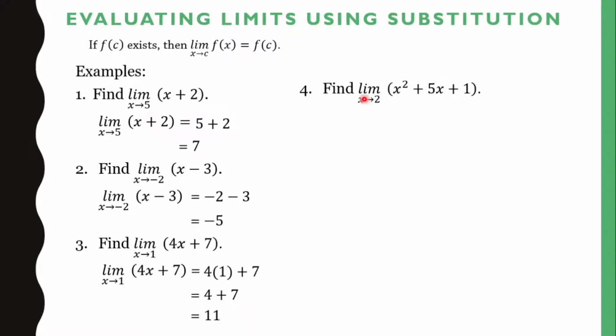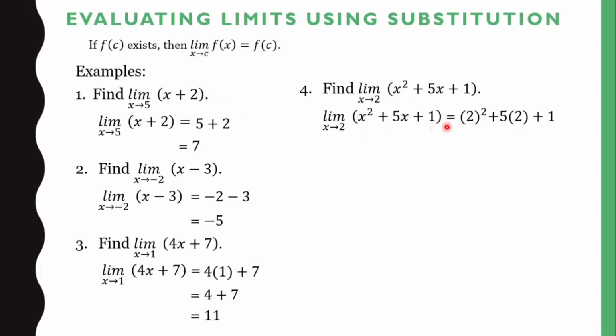Next, we will find the limit of x squared plus 5x plus 1 as x approaches 2. So, again, we substitute 2 to all the x variables in the given function.